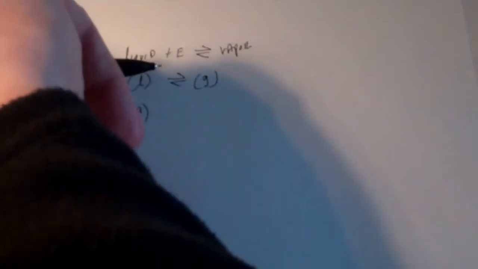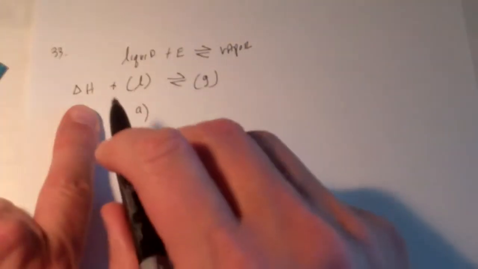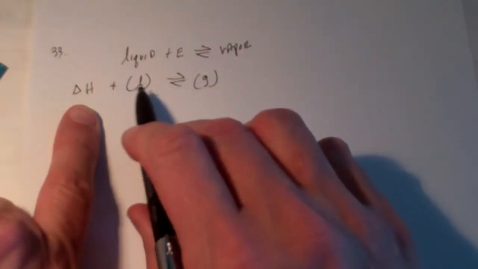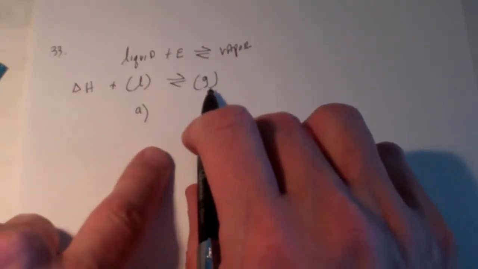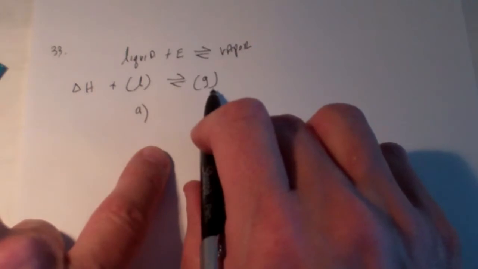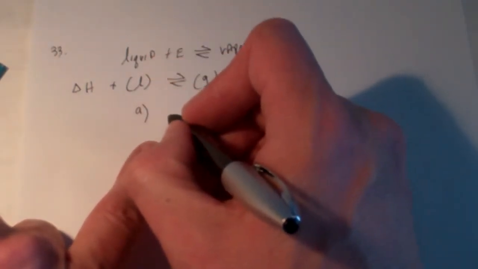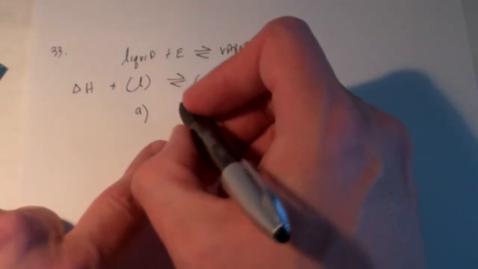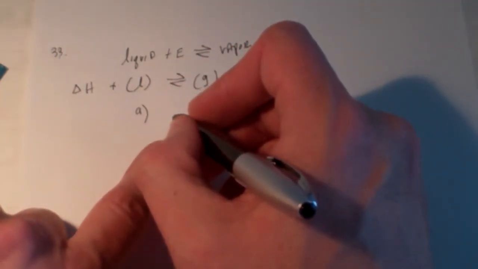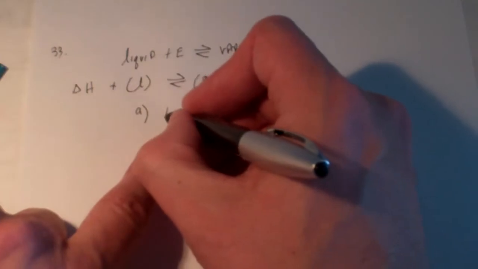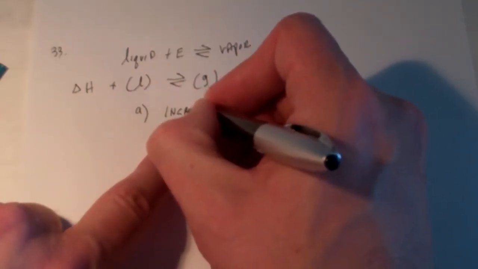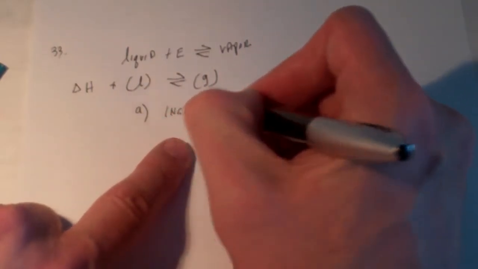Won't that push the equilibrium to the right so that heat is consumed? If it pushes it to the right, I will make more gas. Now that's actually an answer to a question coming up, but it's asking what happens to the rate. If you're adding heat or energy, don't the molecules move faster? They have more kinetic energy. So the rate of evaporation will increase.